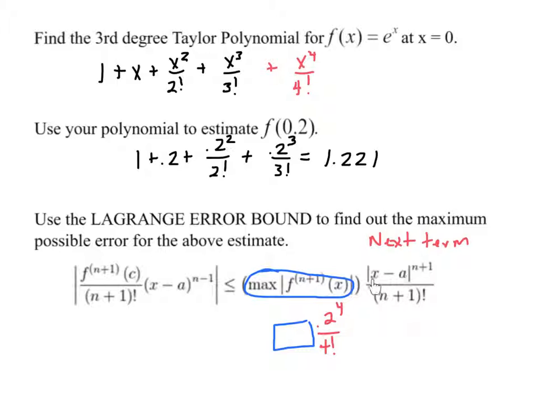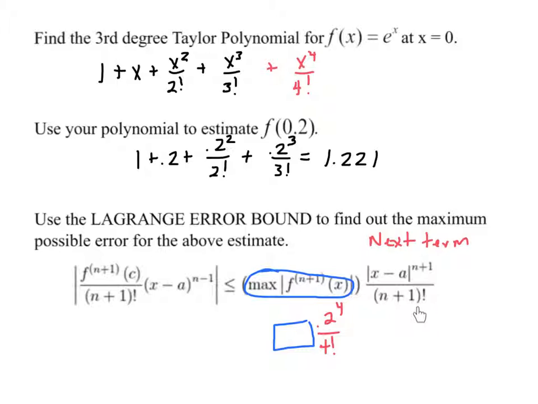So this really represents the distance from where your series was created to where you're trying to estimate. Now for us it was 0.2 because we created a series about x equals 0 and we're estimating about 0.2. But if you created a series about 2 and we're doing 2.5, then it would be 0.5 to the 4th. So it's pretty easy to evaluate that, but I just want to point that out.